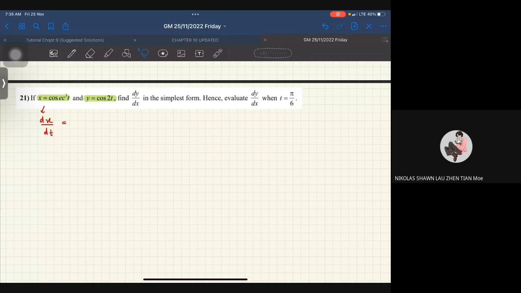How do we differentiate cosecant cube? Any idea? Let me give you a clue.